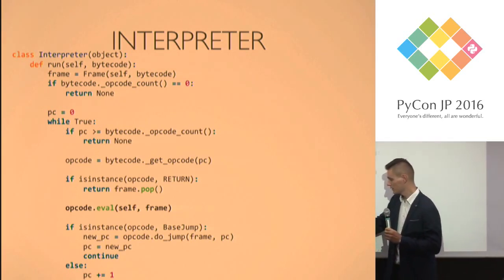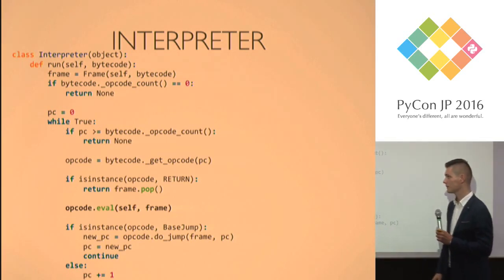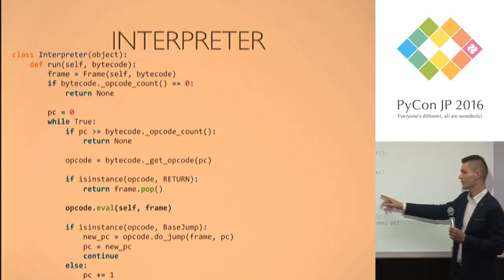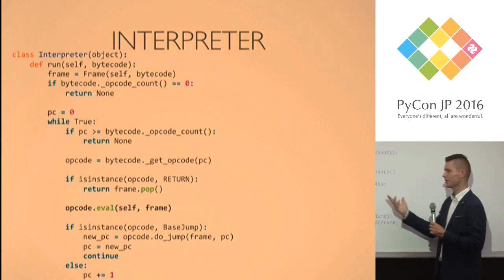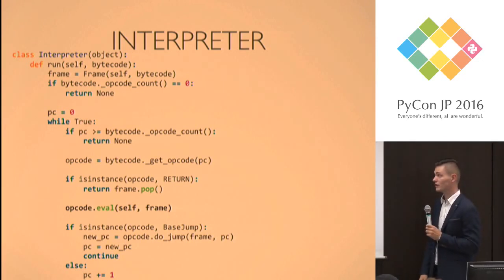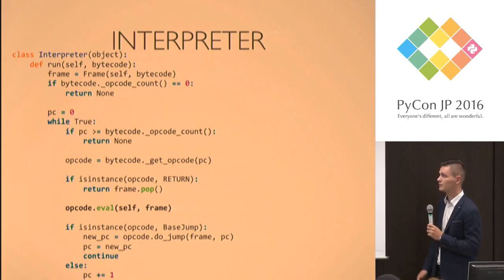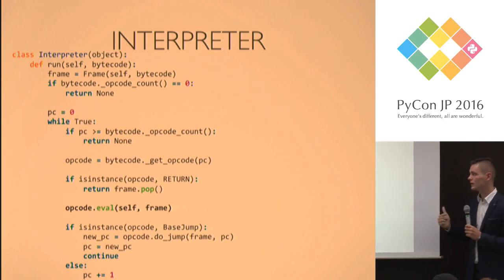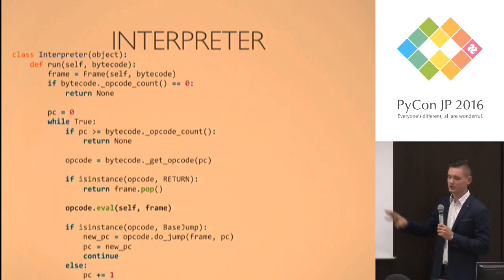If it's not, just keep executing until the next one. And maybe the opcode is a return statement. So whatever is currently on top of a stack, just return the variable back to us. That's all it takes. And in a simple form, that's all what an interpreter is. It's just a loop for a list of bytecodes and just delegating the functionality to them.